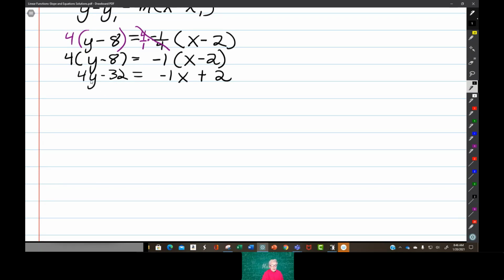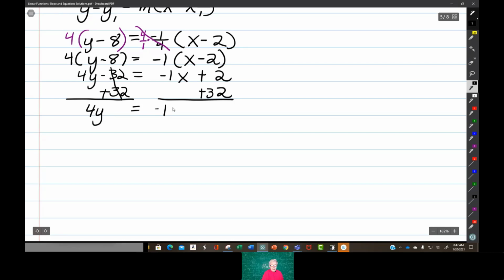All right, now I have to solve for y, so first I get the -32 out of the way. -32 plus 32 is 0, leaving me with 4y equals -1x plus 34.